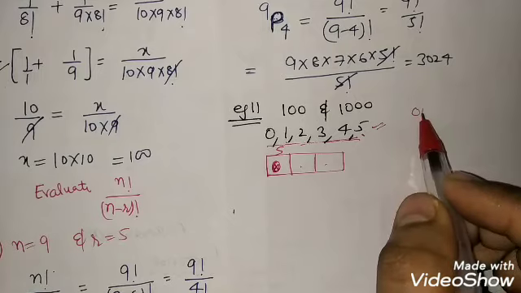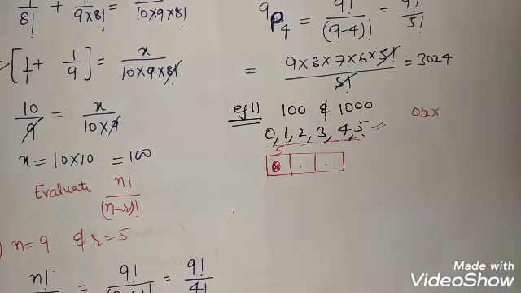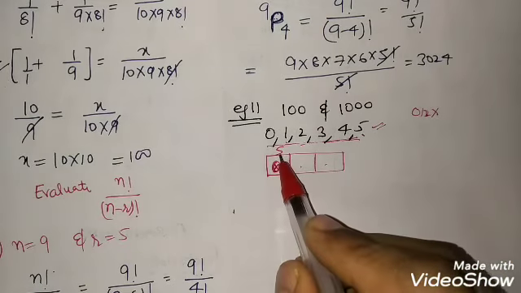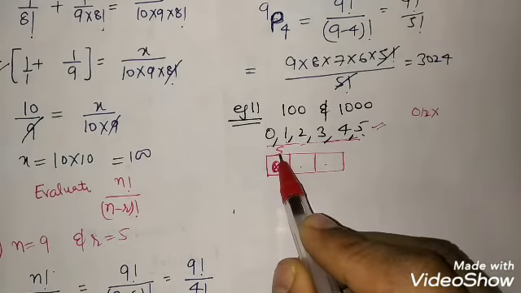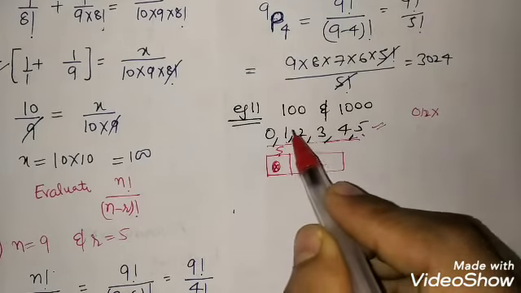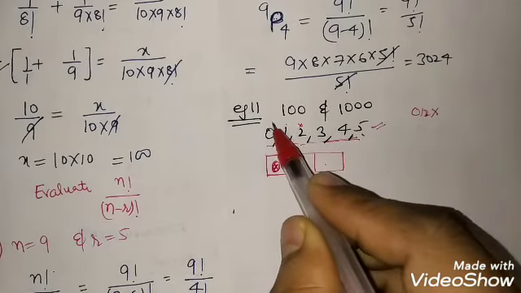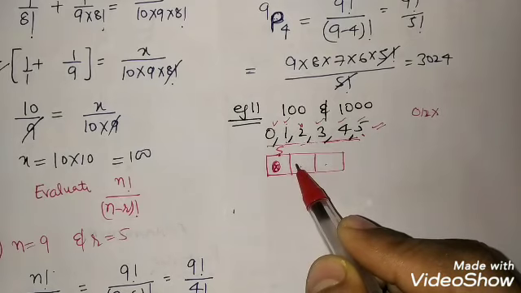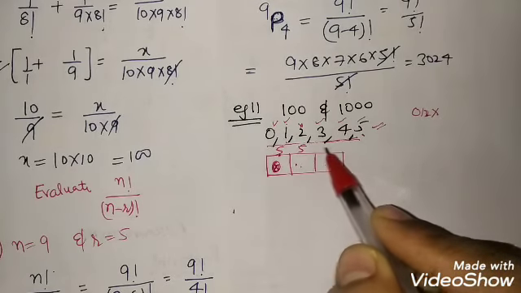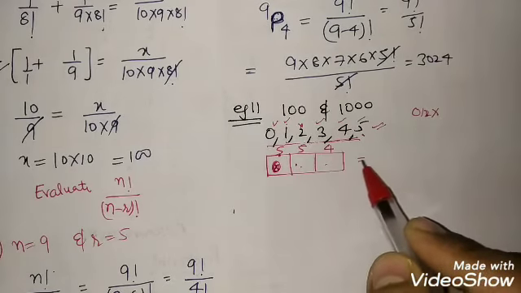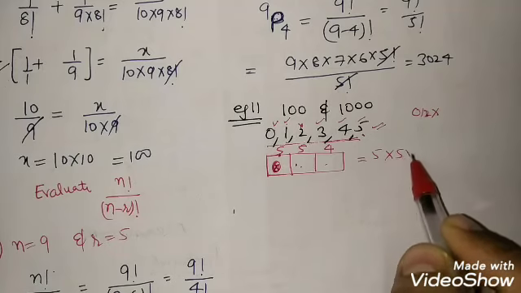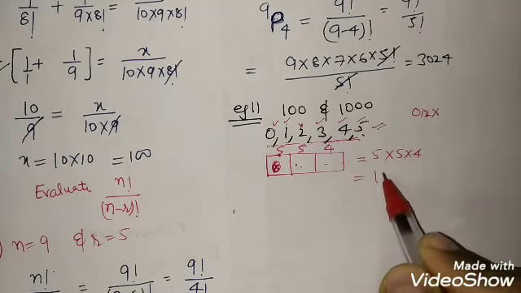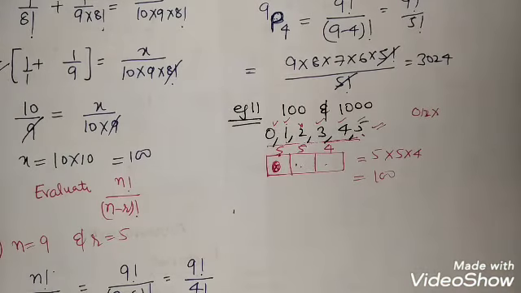If I say 0, 1, 2, it's not a 3-digit number, it's a 2-digit number. If I use one digit here, like 2, I am left with 0, 1, 3, 4, 5, and I can use 0 in the next place. So the ways are 5 and 4 for the next places. So the answer is 5 into 4 into 5, that is 100. It's a very easy way.